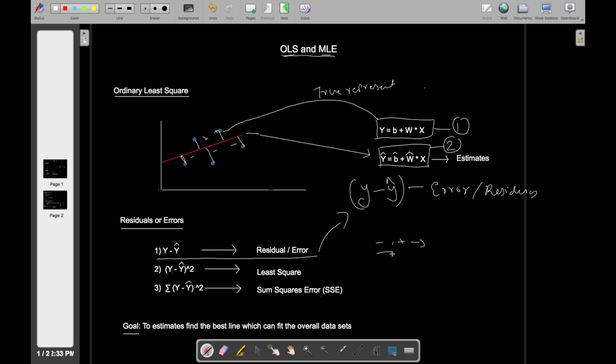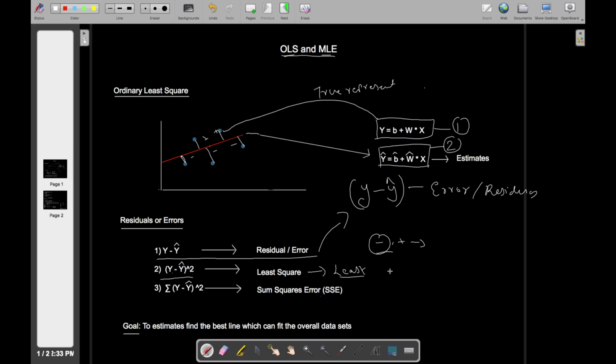We know that if we have zero error, it means we don't have any error, right? And if it goes negative, what does it mean? And if it goes positive, then we can say that much error we have. So in order to remove the negative values, we have to take the square of the differences, and this is called least squares.